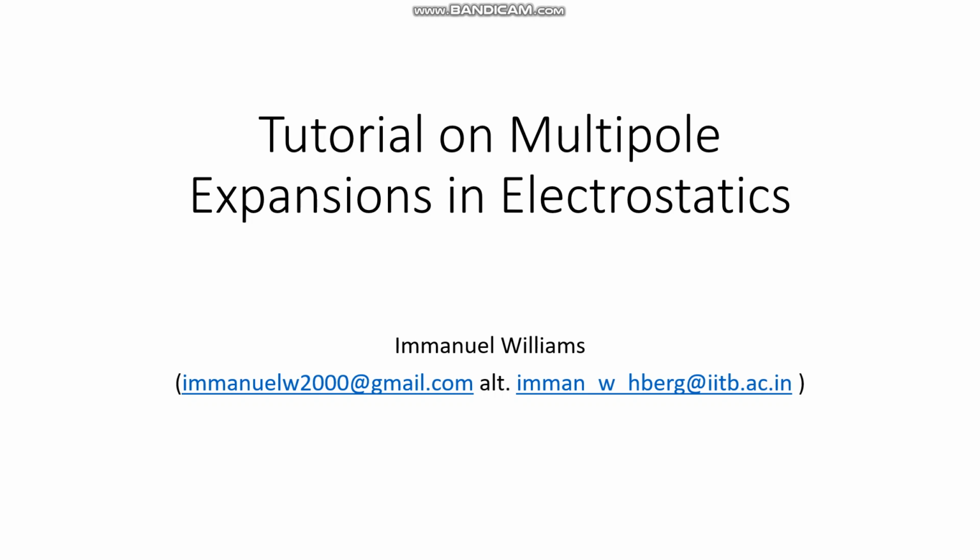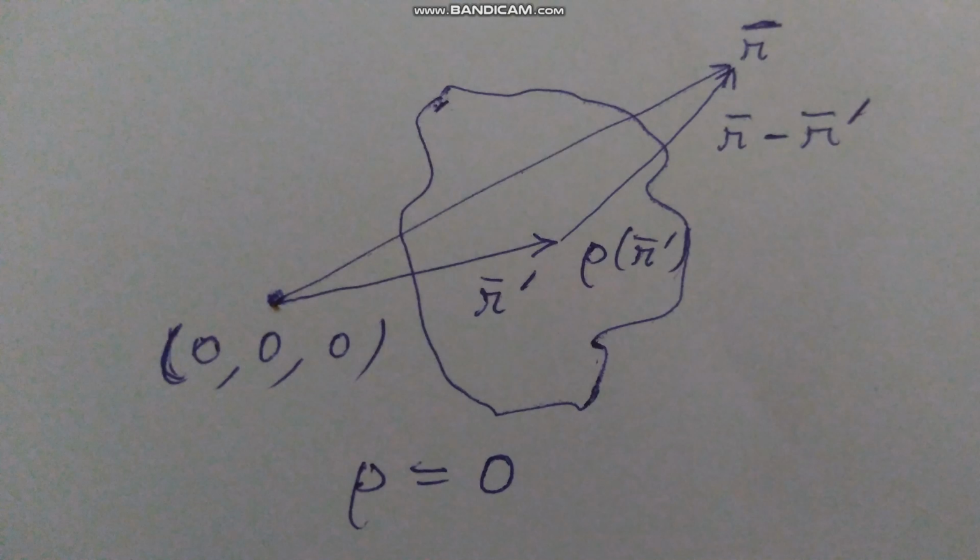Thank you. So this is how a charge distribution looks in space. You have a charge configuration represented by rho, at a position vector r prime. Now, if there is no charge outside a domain, I can simply define that by saying that rho is 0.